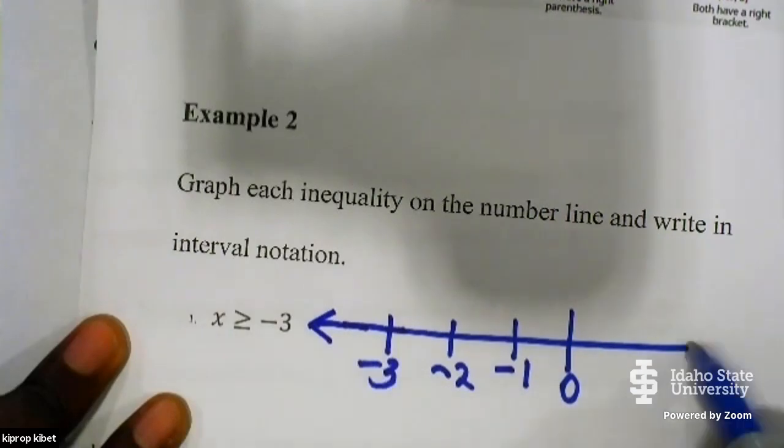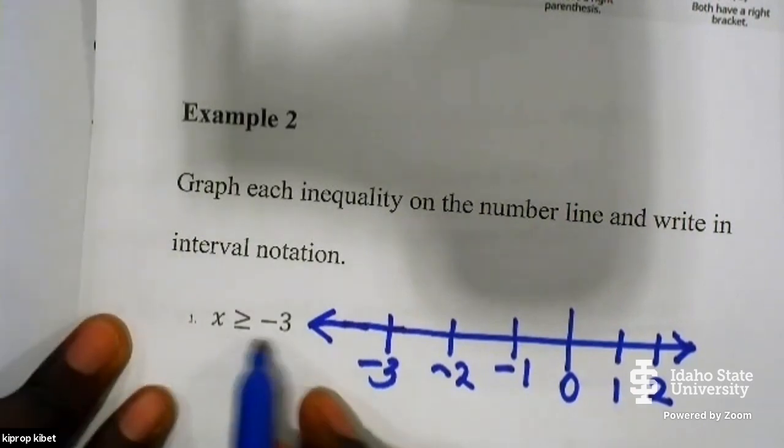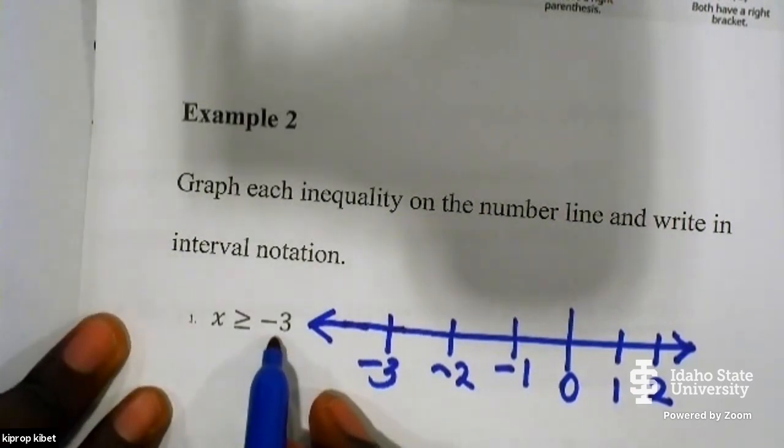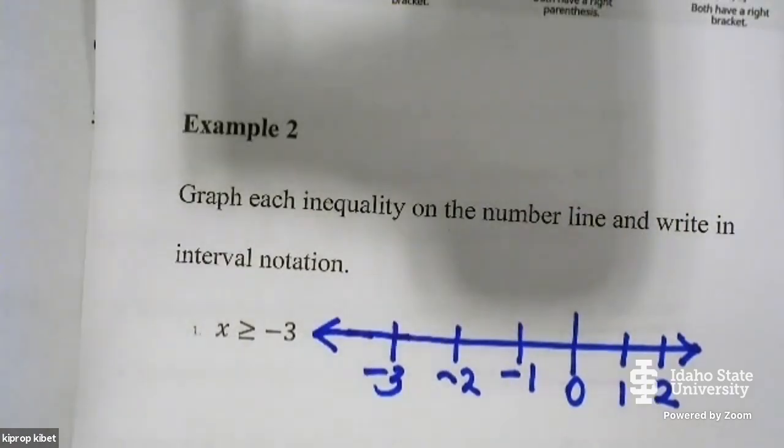Then going that way is 1, 2. So x is greater or equals to -3. So how are we going to draw this? The values of x are greater or equals to -3. So where are we going to put this?